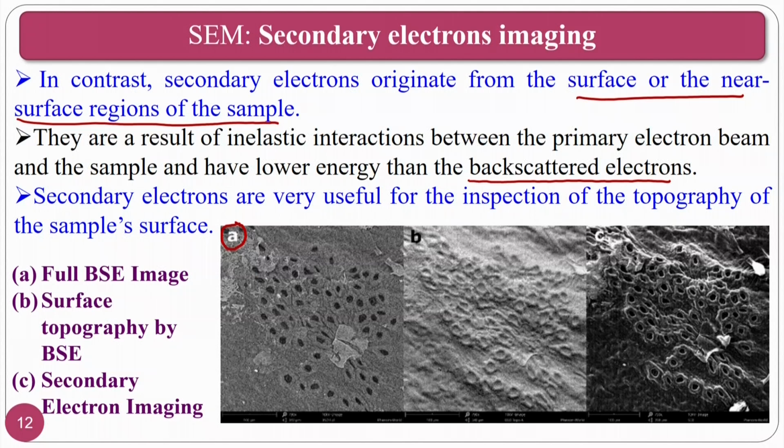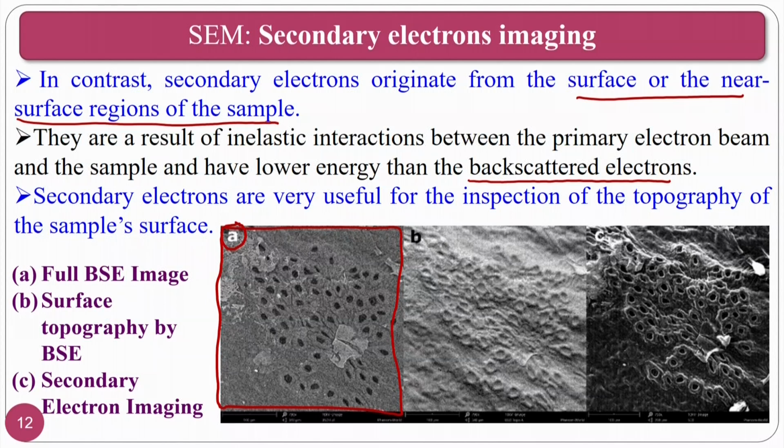I just want to differentiate between the backscattered image quality and the secondary electron image quality. For that purpose, the first one, A, is the image which I have taken, a full backscattered image.